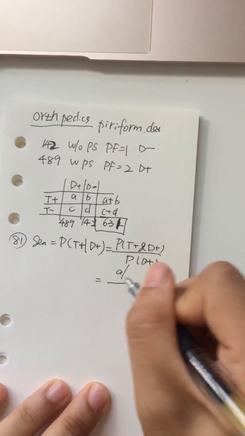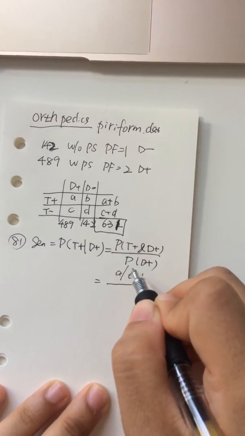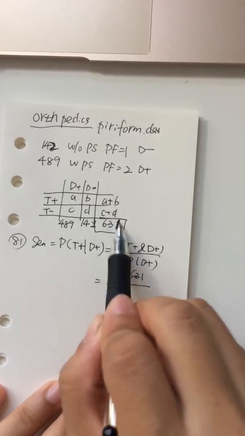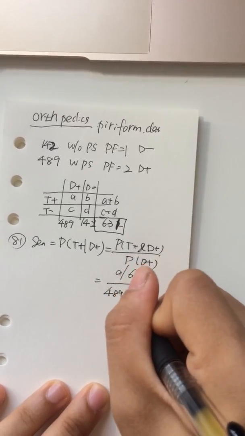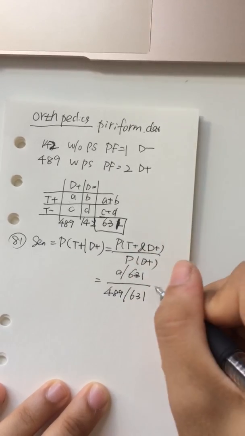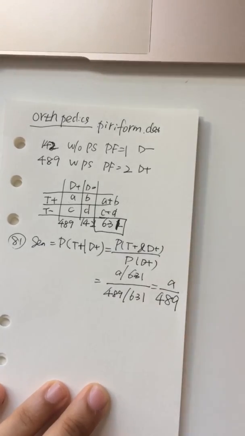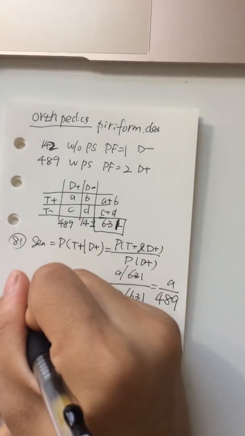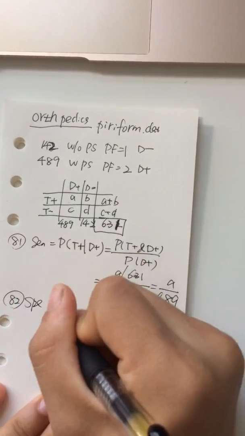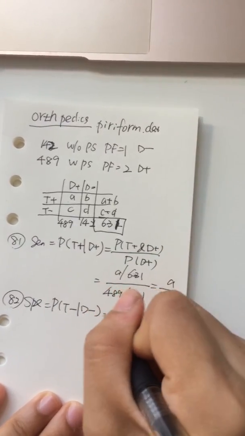So it's A over 631, given what's the probability of having disease? It's 631. So this part basically cancels out, so it's A over 689.